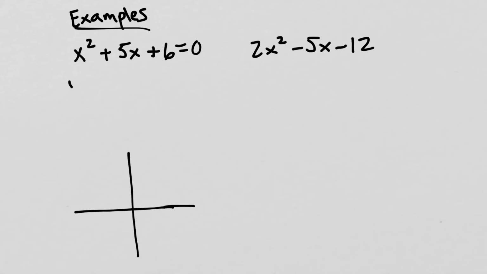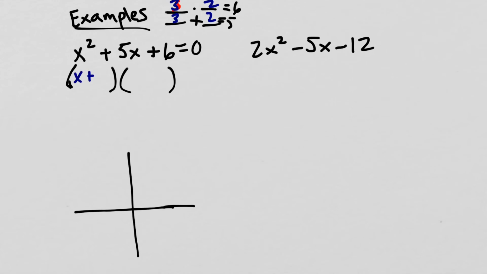This is the easy factoring, because you can ask what has a product of 6 that has a sum of 5. And we know that is 3 and 2. So 3 times 2 equals 6, 3 plus 2 equals 5. So x plus 3, x plus 2.